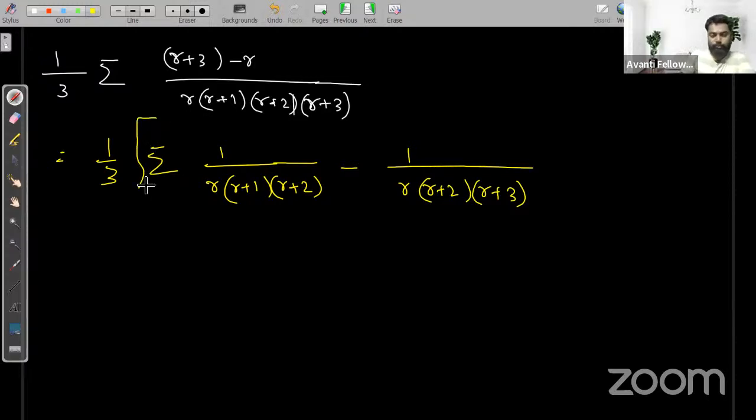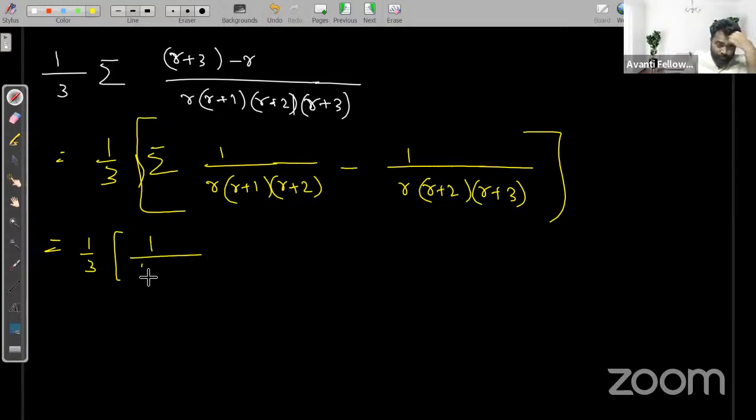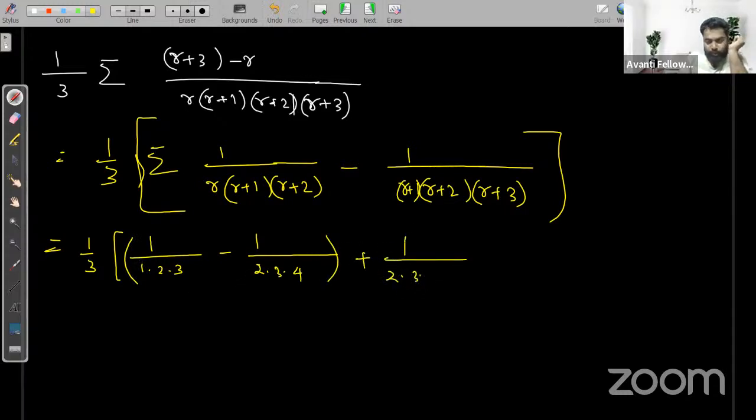So now try to open the summations. What am I getting? 1 by 3 into 1 upon 1 into 2 into 3 minus 1 upon 2 into 3 into 4. This will be the first term, plus 1 upon 2 into 3 into 4 minus 1 upon 3 into 4 into 5. Right?